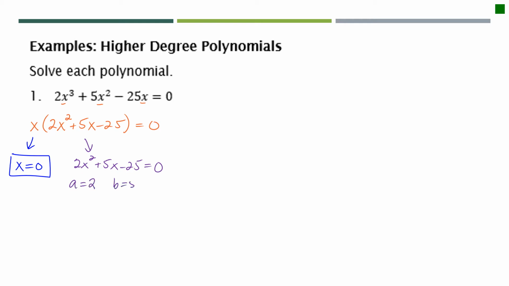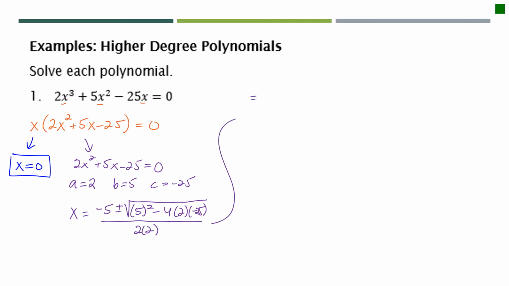A is 2, B is 5, C is negative 25. So now I'm just going to plug things into the formula. Negative b plus or minus the square root of b squared minus 4 times a times c, oops, 25. And then that's over 2 times a. I'm going to go up here.